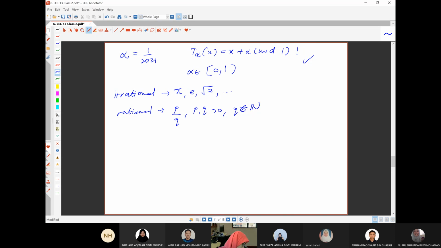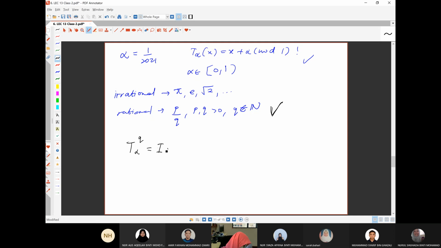So in this case your alpha is 1 over 2021, which gives 0.000494805 and so on, and that is a rational number. So the conclusion is, if your alpha is a rational number, you can get periodic.